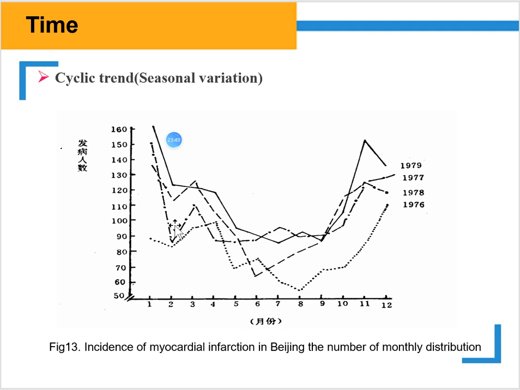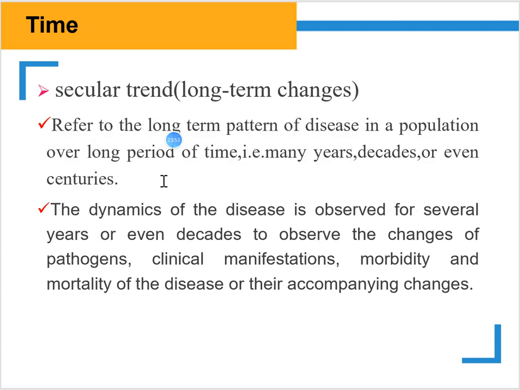This is seasonal variation. Trend refers to the long-term pattern of disease in a population over a long period of time, such as many years, decades, or even centuries.